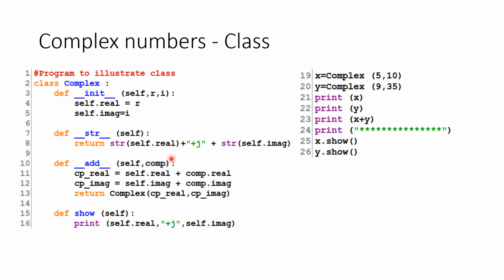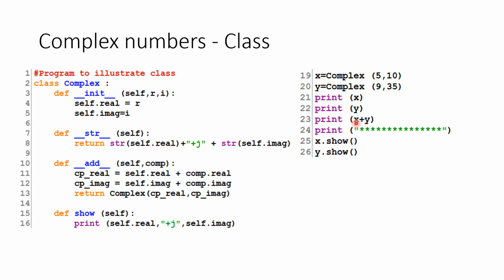Then, in order to utilize the overloaded function, we use the plus symbol. The plus symbol invokes this add function over here. As it invokes the add function, it will add the object x.